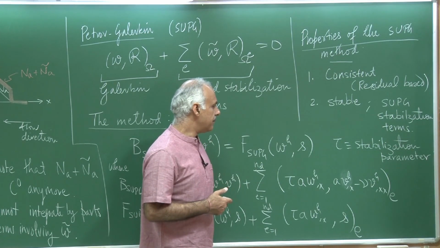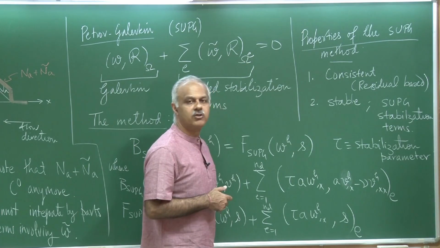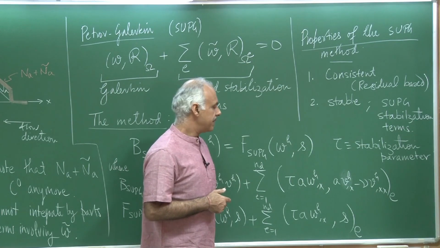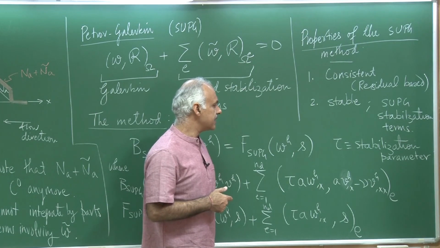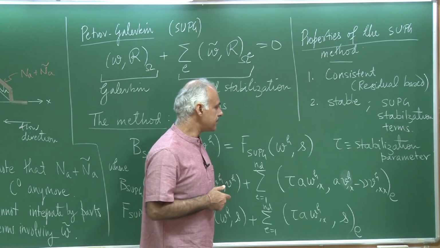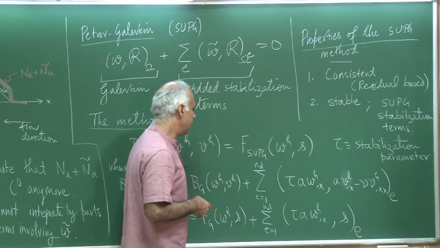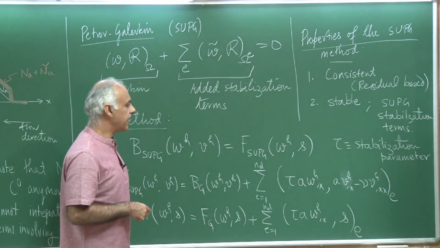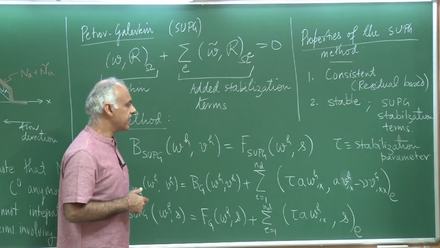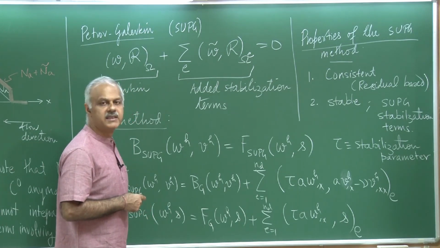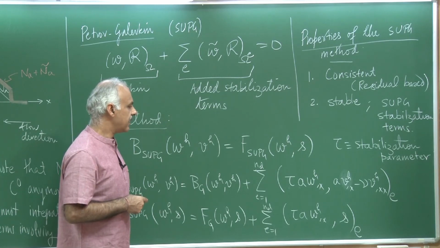But if I am advection dominated, so Peclet number goes to infinity, then we have seen that beta achieves an asymptotic value, and likewise tau achieves a certain value, and then the method behaves like an upwinding type of method, and it can give us stable solutions.